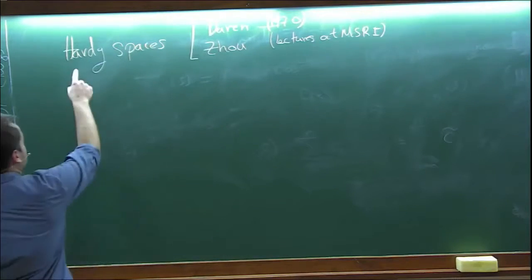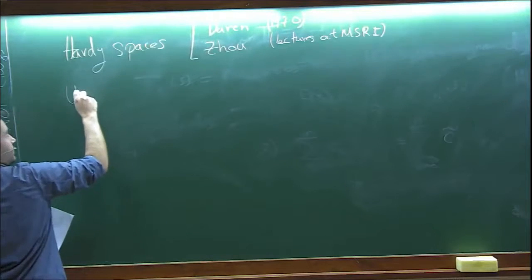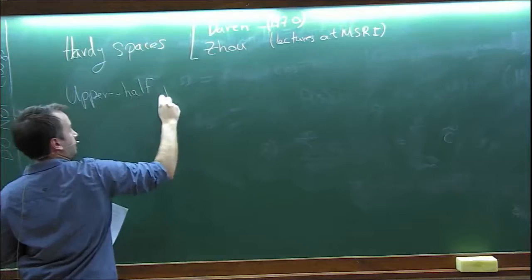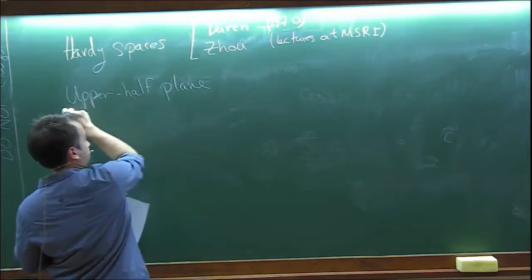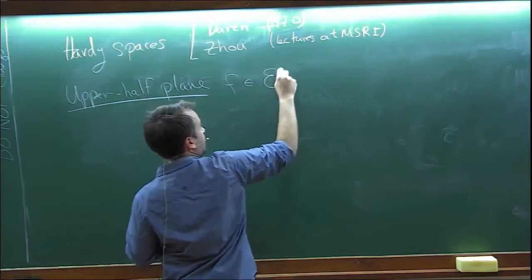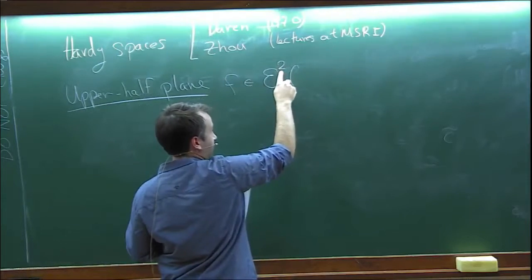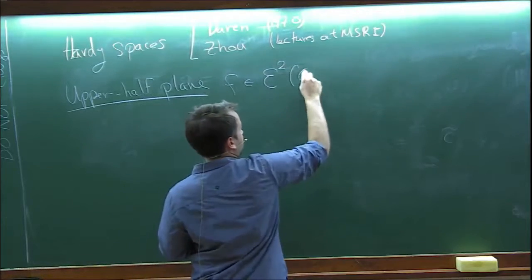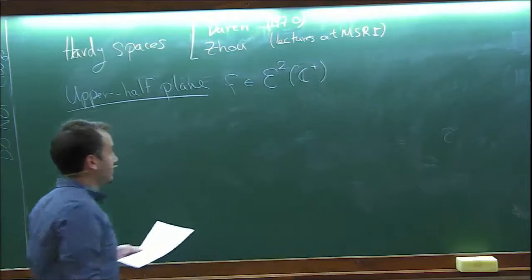Okay, so let's talk about Hardy spaces, and we'll first start with the upper half plane. We say that F is in E2, so I'm going to do everything L2 based. There are generalizations to LP, but again, we won't go into that complexity.